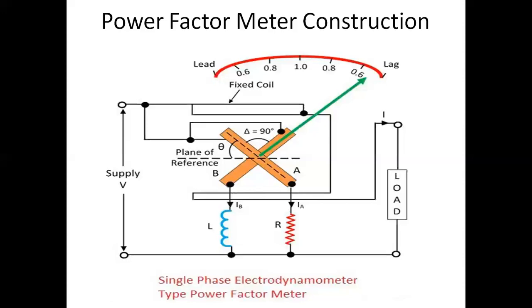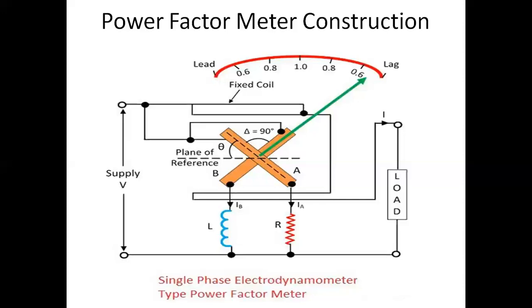Here, when the load is connected, the fixed coils will be magnetized and some amount of current will flow to A and B. Due to the interaction of the torque between A and B, a torque will be generated, and then the moving coil, and the pointer will move.